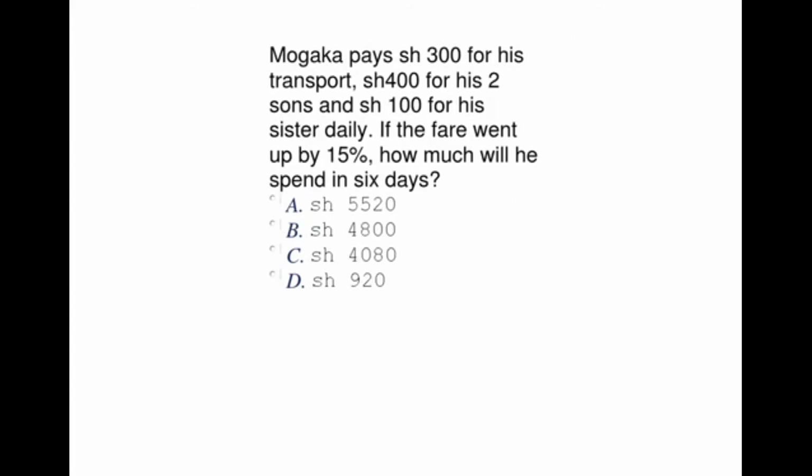Mogaka pays 300 shillings for his transport, 400 for his 2 sons, and 100 for his sister daily. If the fare went up by 15%, how much will he spend in 6 days? So he pays 300 for his transport plus 400 for his 2 sons, and then 100 for his sister.